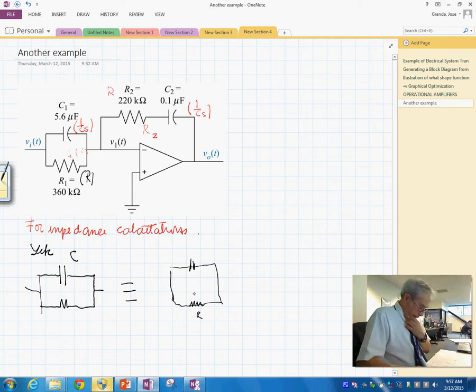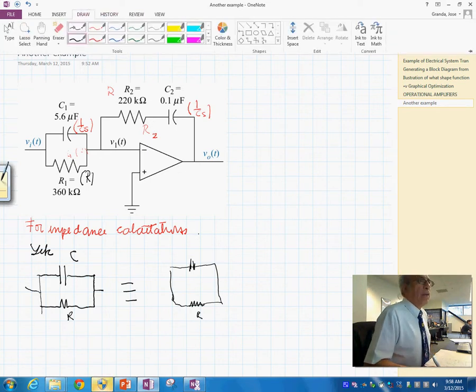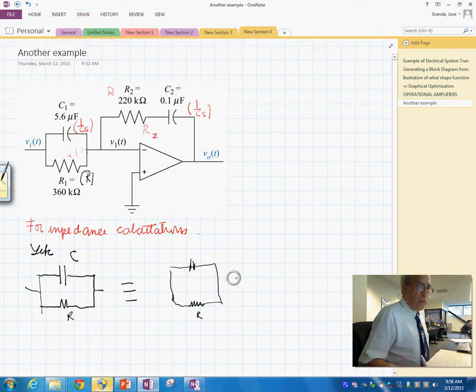So what I can do is write this in terms of the impedances. This was in the time domain. In the impedance domain, I will say, okay, look, this is like 1 over C times S, and the other one is like R1.